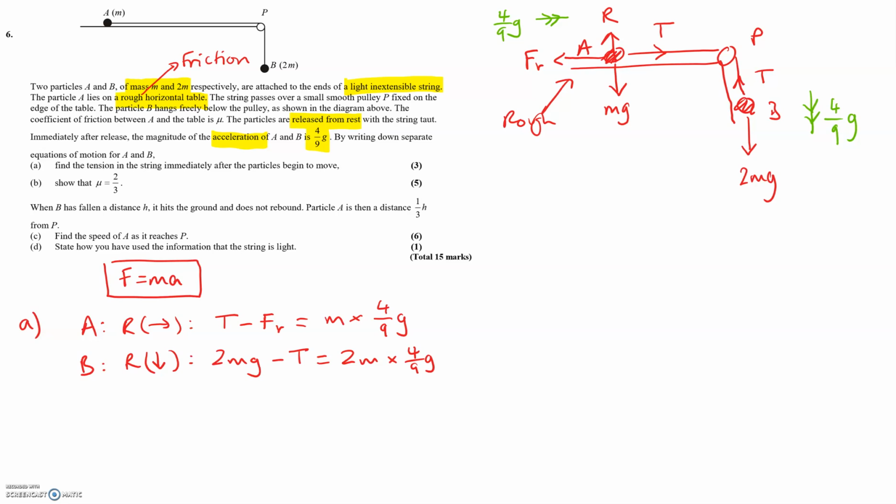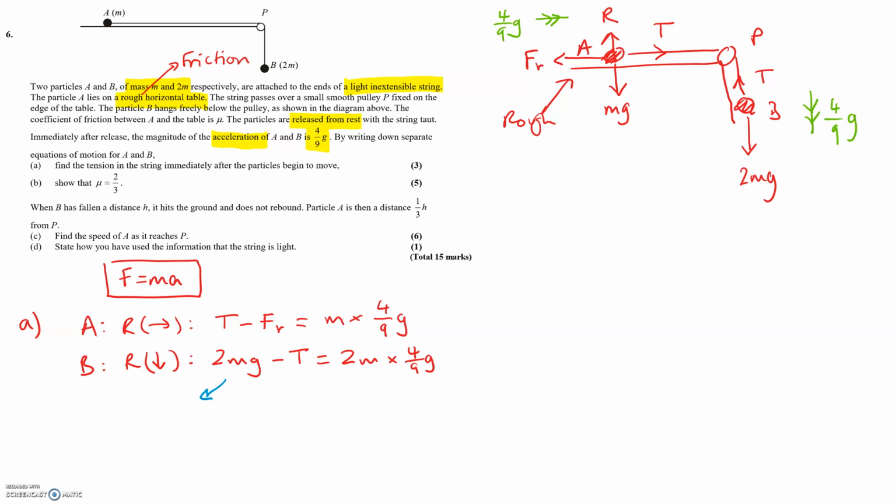Now, in order to find the tension of the string, I need to use one or both of these equations. Well, it looks like I can just use the equation for B, because that's only got one unknown in it, as we can leave this in terms of m.